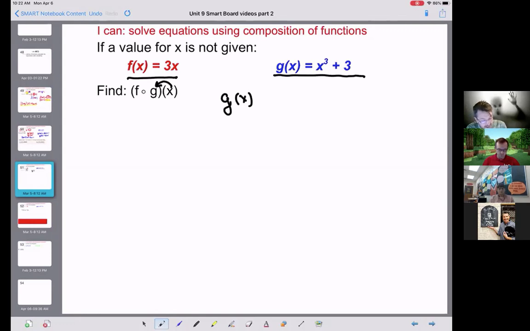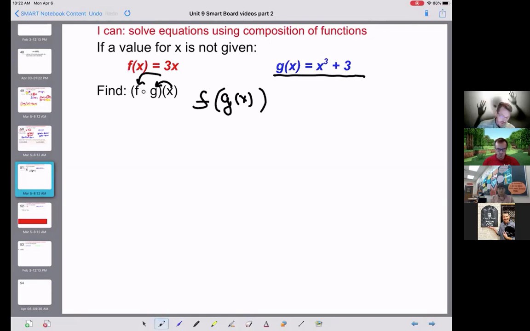And then I'm going to take that value, and I'm going to make lines on my lines, because that makes sense. And I'm going to take whatever that equals, and I'm going to plug that into the f function. So f of g of x is f of g of x.